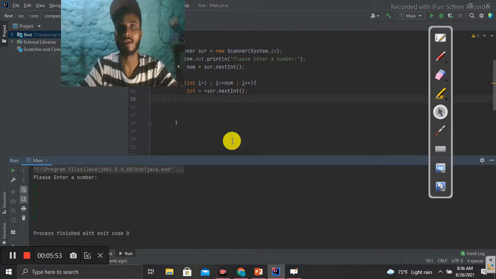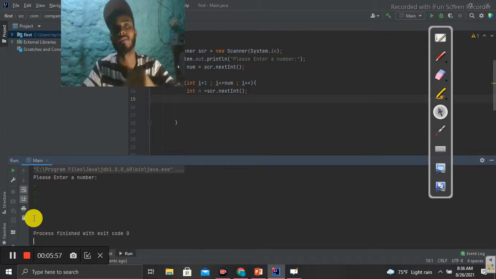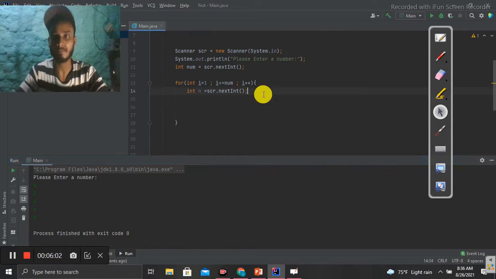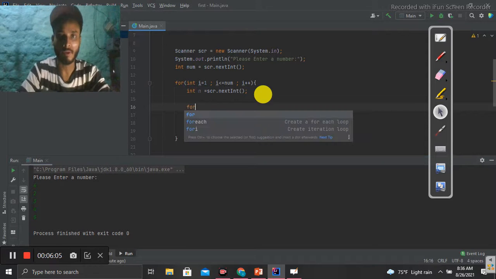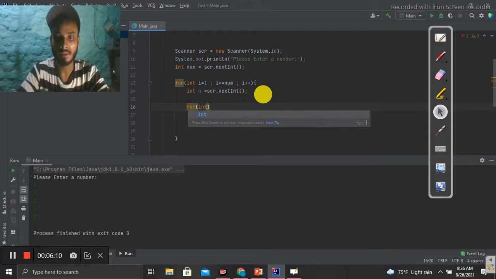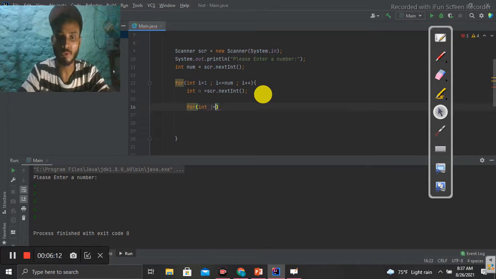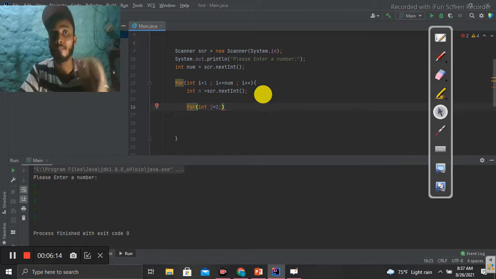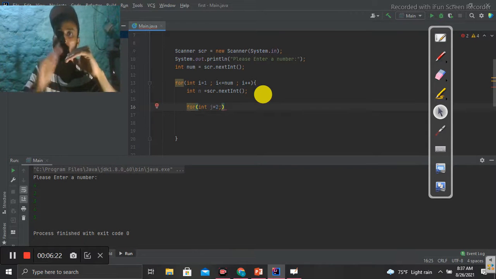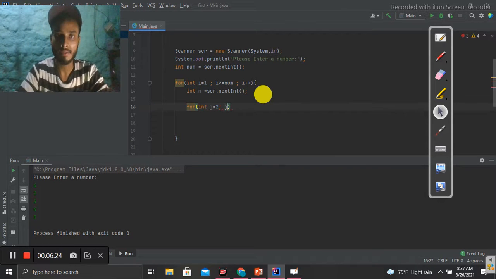That is our requirement. But now we want to print whether these 4 values are prime or not. The main concept is that we always take j from 2, because all numbers are divisible by 1, so we start from 2, up to n minus 1.